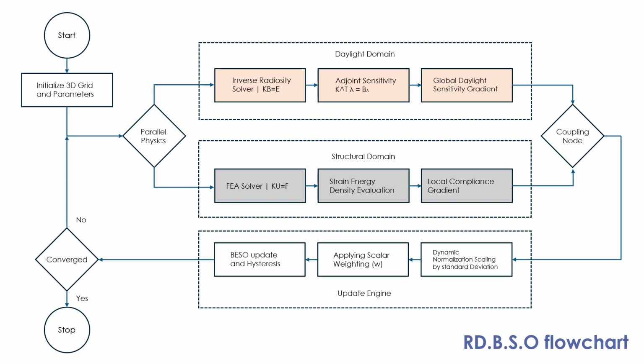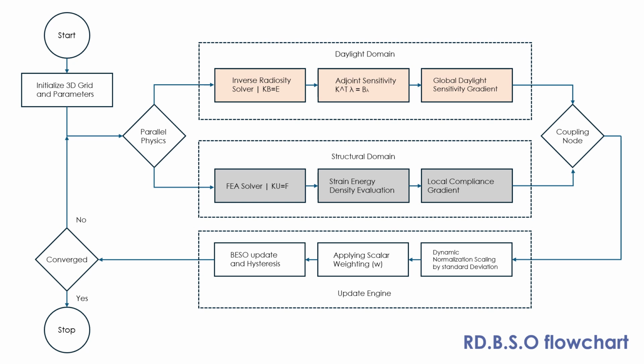Here is where the fusion happens. This unified flowchart details our coupled framework, Radiosity-Driven Bidirectional Structural Optimization, or RDBSO. We initialize the design grid and split the analysis into two parallel physics paths over a single search domain.